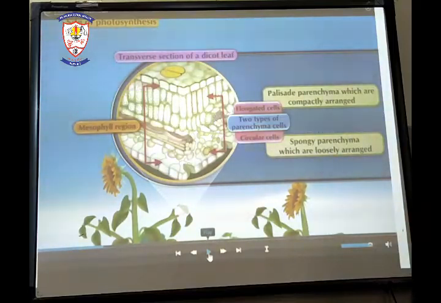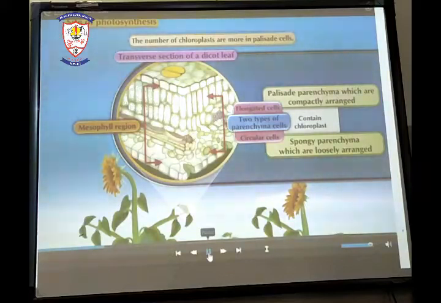It means you may find some space between these circular cells, whereas you will not find space between the elongated cells. Both cells contain chloroplasts. So the number of chloroplasts is more in palisade cells.